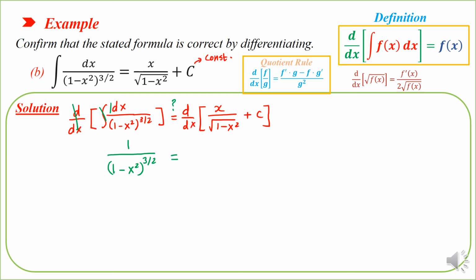How to find the derivative in the left hand side? In the left hand side we have this term, and this is a rational function, so you have to use the quotient rule to find the derivative.